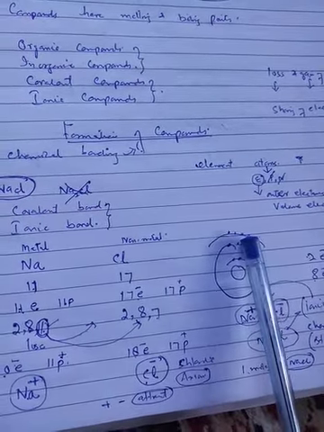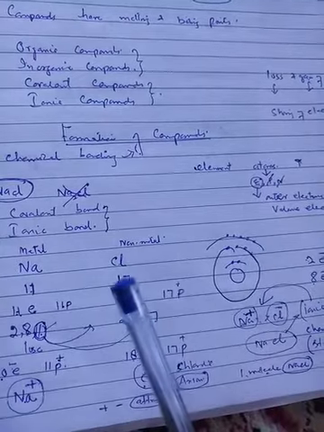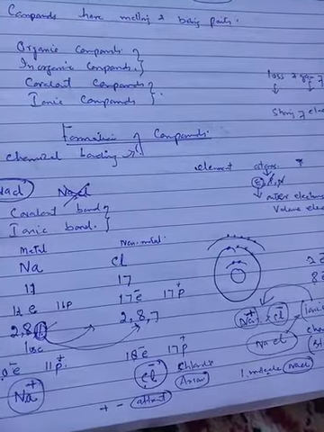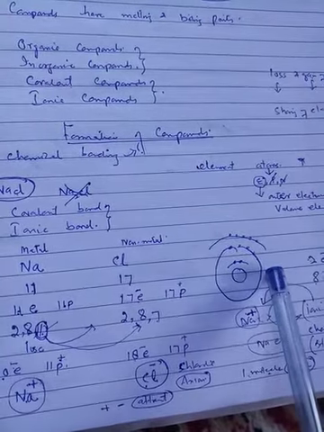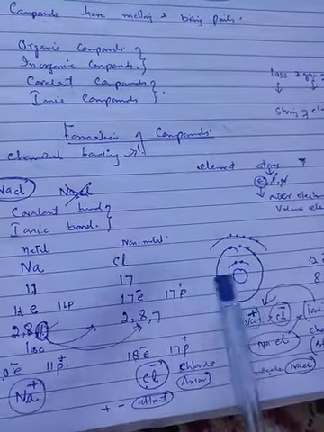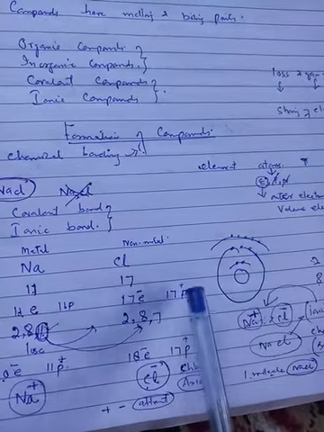So, dear students, when these valence electrons are completely transferred by one element and accepted by another element, such types of compounds are called ionic compounds.